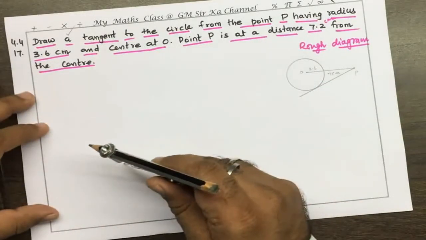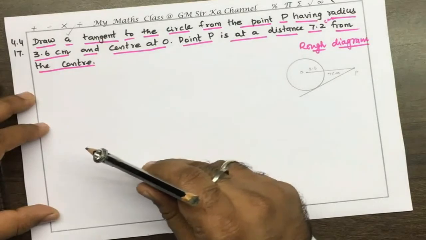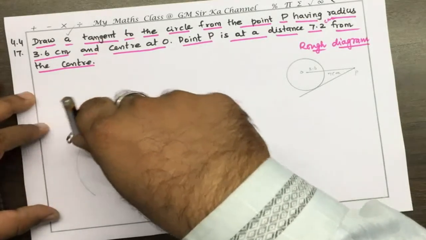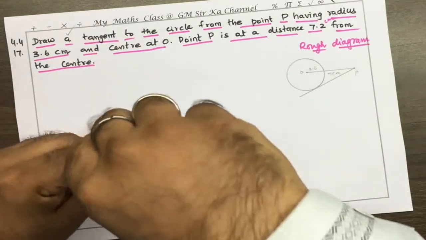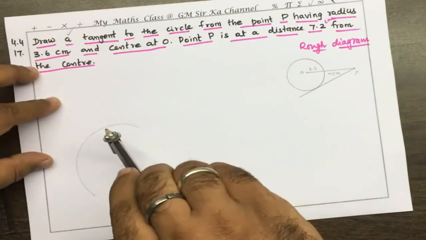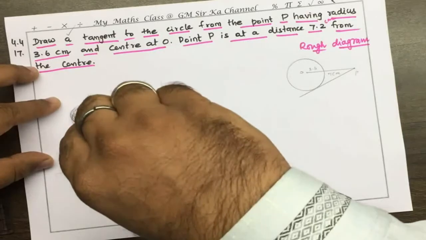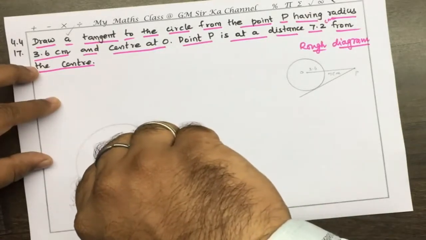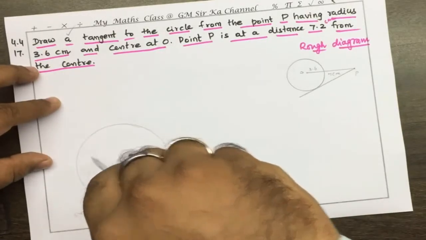So from the center we draw the circle of radius 3.6. Very carefully we have to draw the circle.